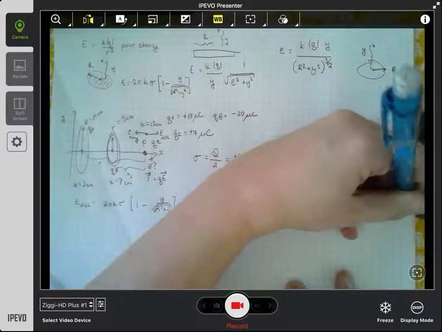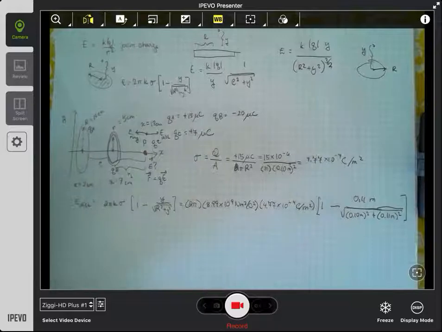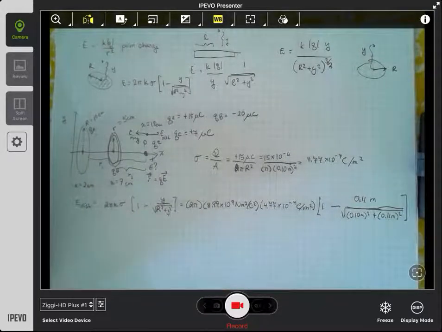Then we plug that all into our calculator: 2 times pi times 8.99 e to the 9th times 4.77 e to the minus 4 times 1 minus 0.11 divided by the square root of 0.1 squared plus 0.11 squared.